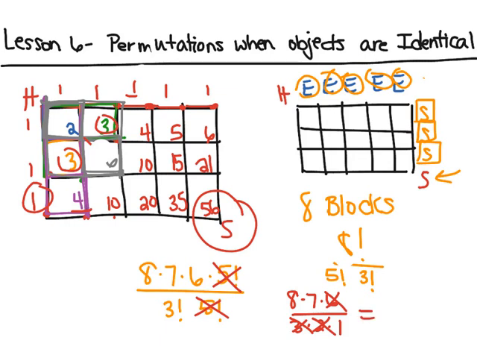So we have 8 times 7, which is 56. So either way, however way is easiest to you, following this pattern or doing this, it's all good. Also, this is called Pascal's triangle, in case you didn't know.